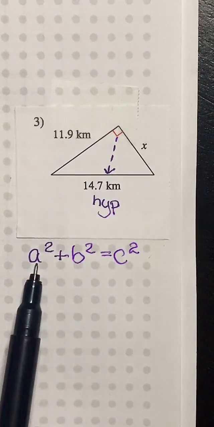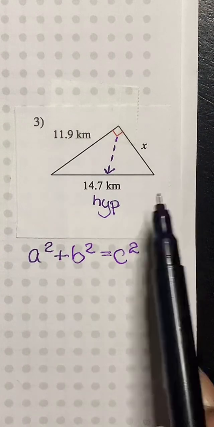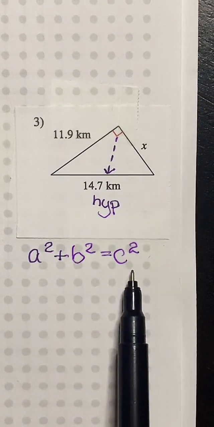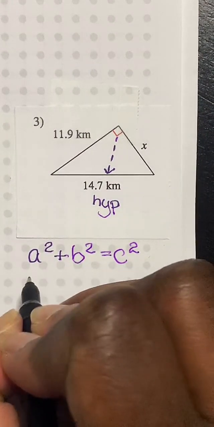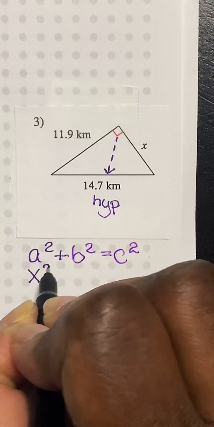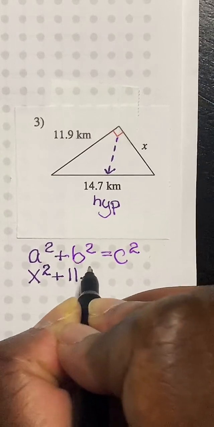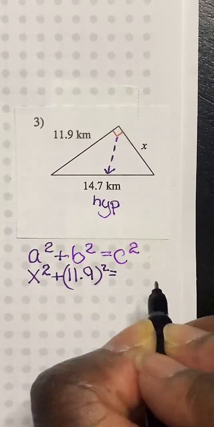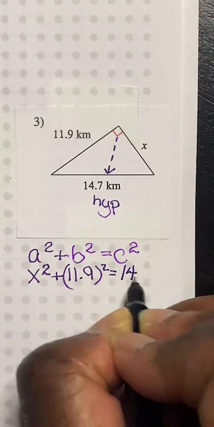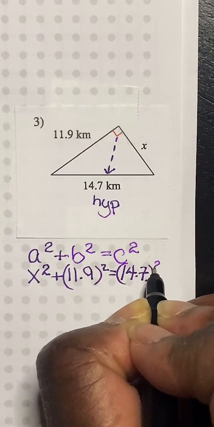It doesn't matter which one's your A and which one's your B, but the most important thing is your hypotenuse has to be your C. So we could say x squared plus 11.9 squared equals 14 7/10 squared.